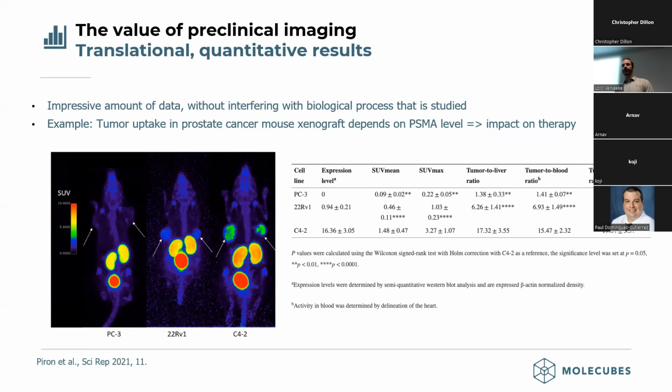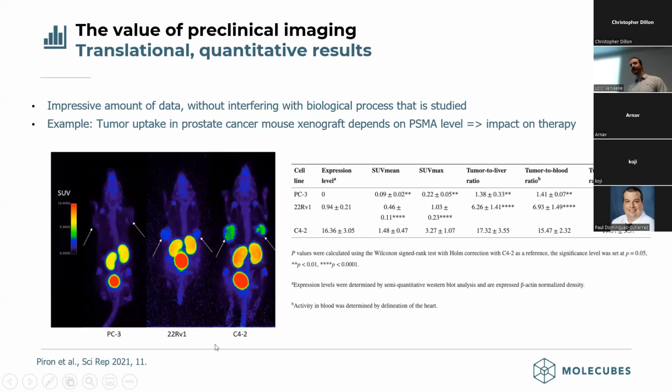So what we know is that this PSMA overexpression is correlated with tumor grade, the pathological stage, and metastatic castration resistant prostate cancer. The aim of this study was to validate PSMA as a target for expression-based imaging. They had these different cell lines from left to right, each with a different expression level: the PC3 at the lowest level, the 22RB1 in the middle, and the one on the right-hand side with the highest level.